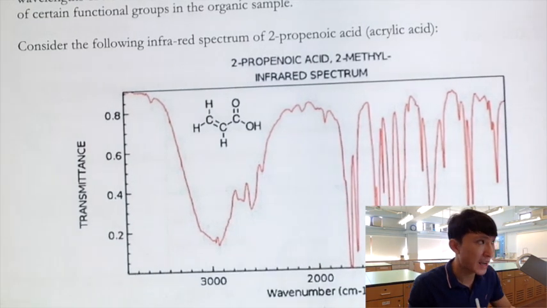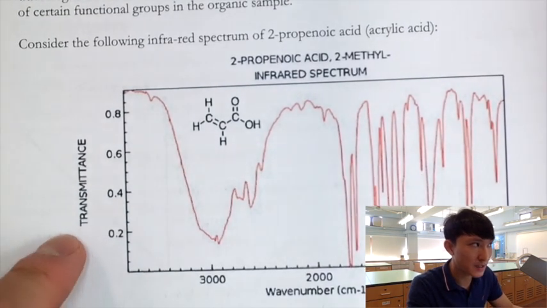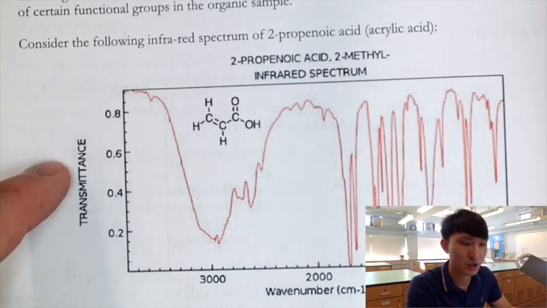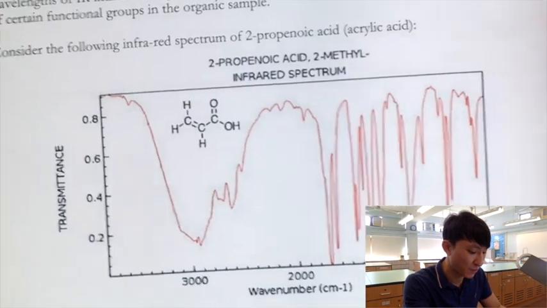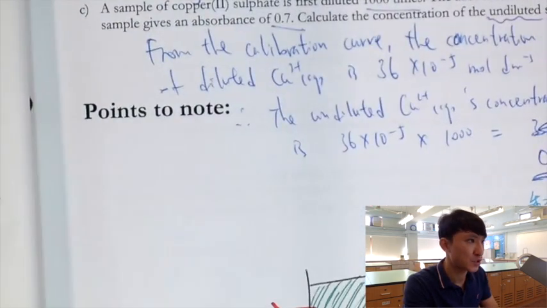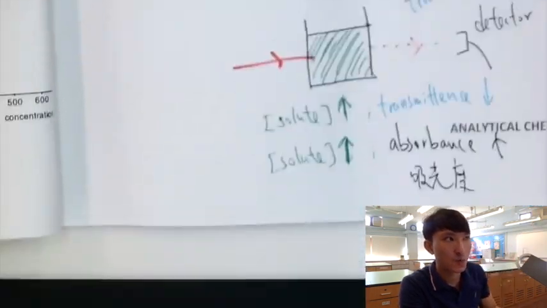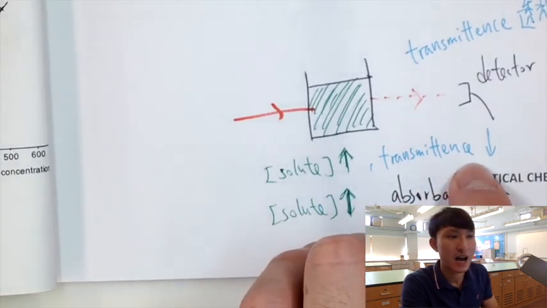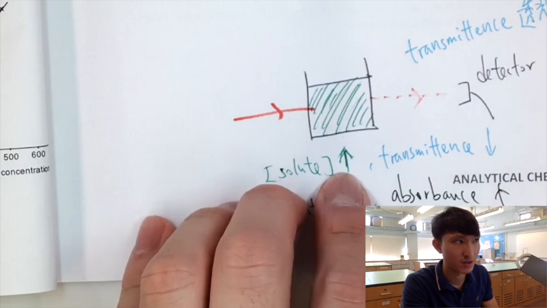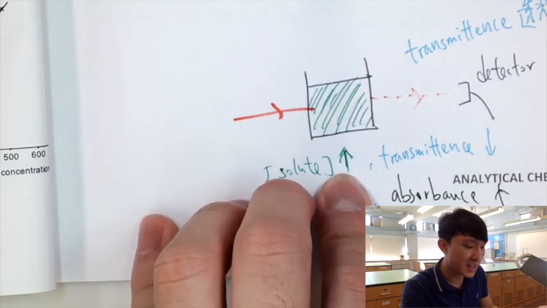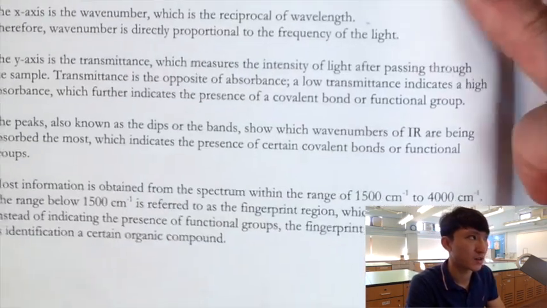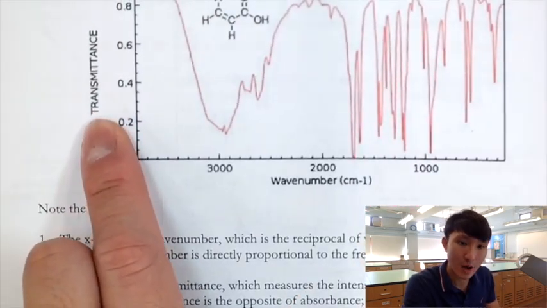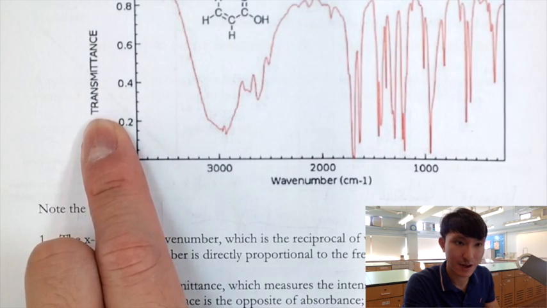First of all, look at the y-axis. Instead of using absorbance, they actually use transmittance. Remember what I mentioned about the difference between absorbance and transmittance? The lower the transmittance, the higher the solute concentration. So in this case, the lower transmittance tells you that that wavelength of light is being absorbed.